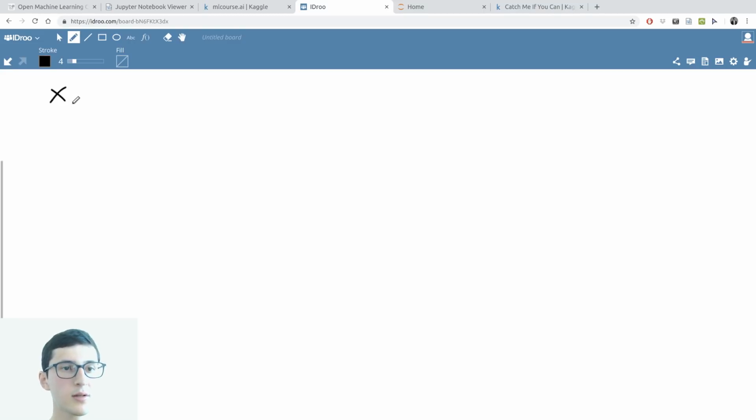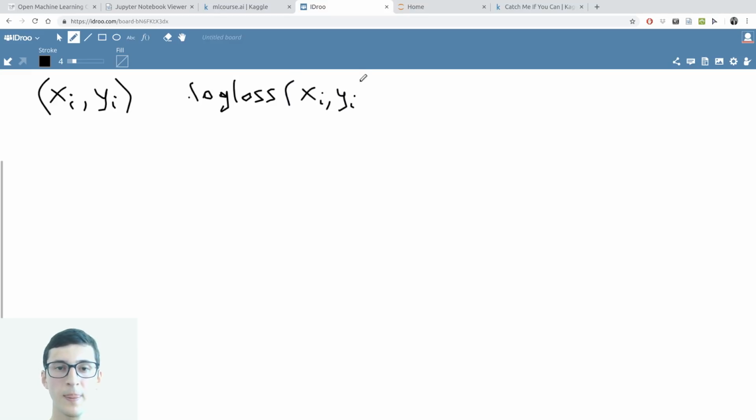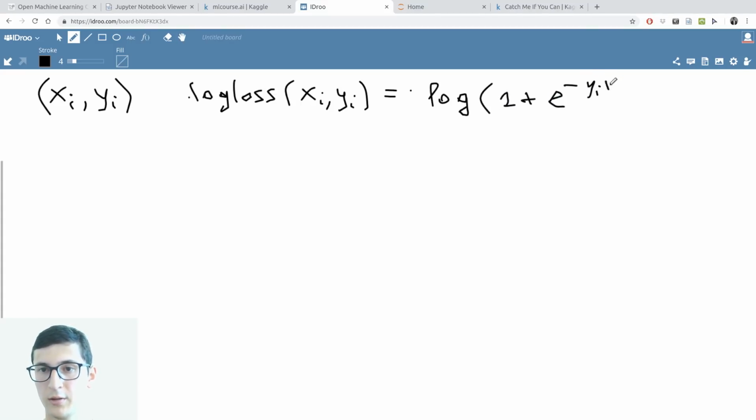For only one instance, xi, yi, I'll write that logistic loss, or just log loss, for xi and yi is equal to that expression: logarithm of 1 plus e to the minus of margin yi w transposed xi.